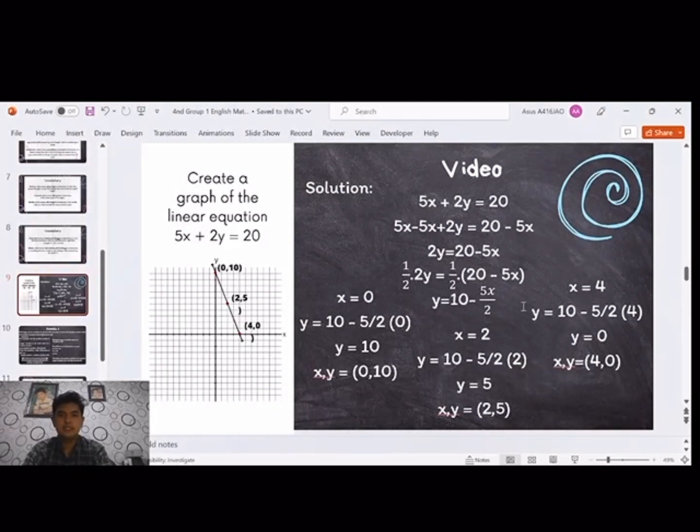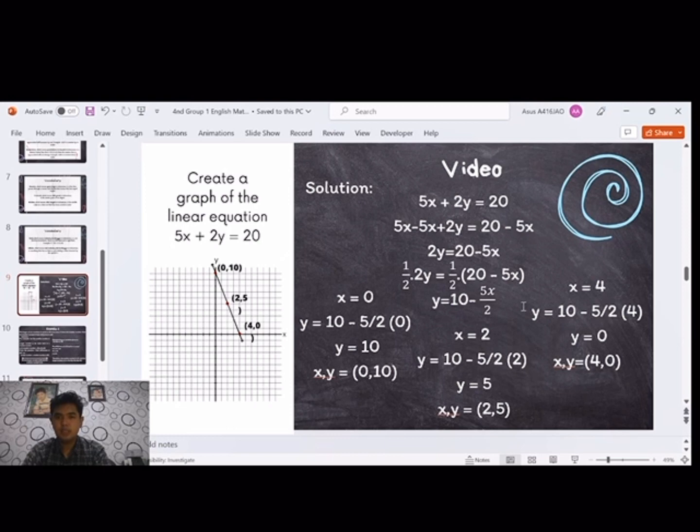So the next is video. The question is: create a graph of the linear equation 5x + 2y = 20. The solution: I will add negative 5x to both sides, so it will be 2y = 20 - 5x.